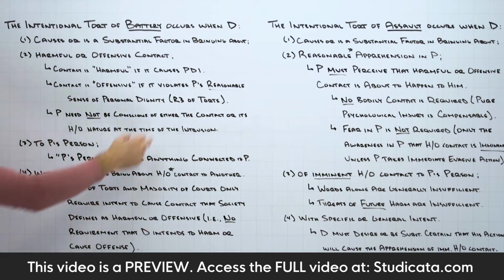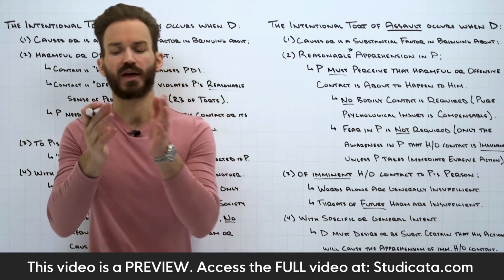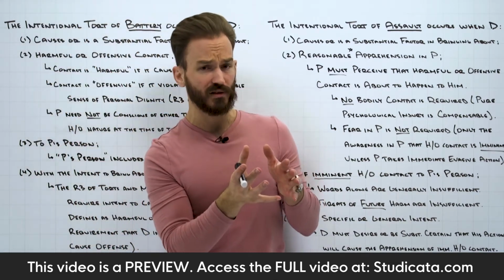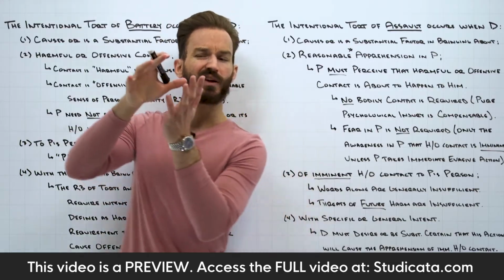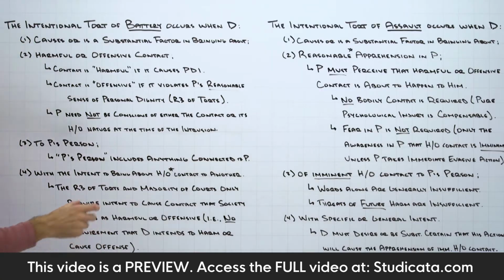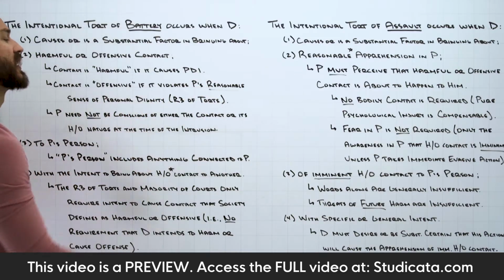That's going to be a violation of the plaintiff's reasonable sense of personal dignity. So again, we get two forms here. We get really disrespectful contact, like spitting on someone, and you get unwanted sexual advances. Both can be examples of offensive contact where the plaintiff's reasonable sense of personal dignity is being violated.